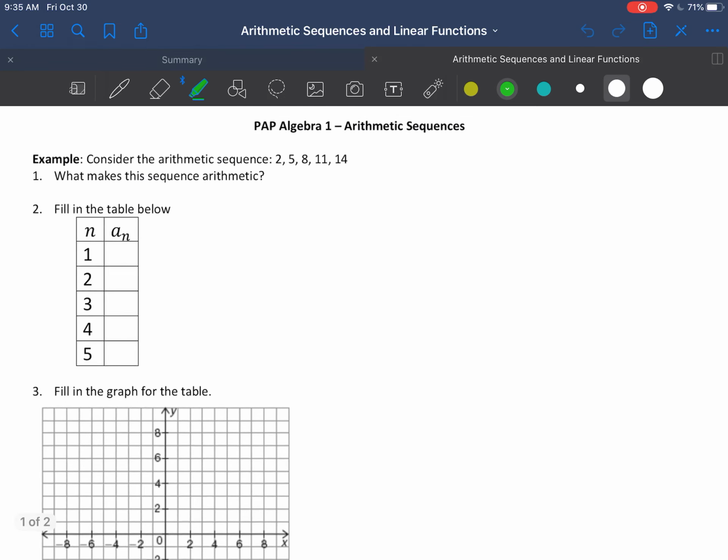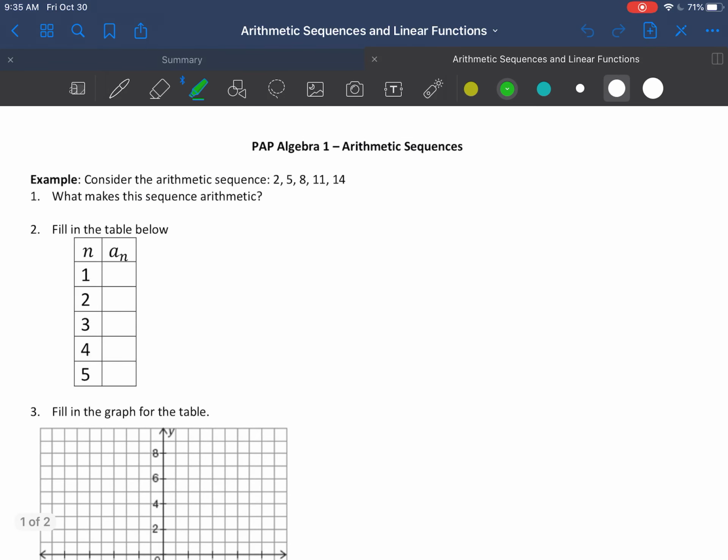And so we have this arithmetic sequence: 2, 5, 8, 11, and 14. And so to get from 2 to 5, you have to add 3. Add 3 more to get to 8. Add 3 more to get to 11.